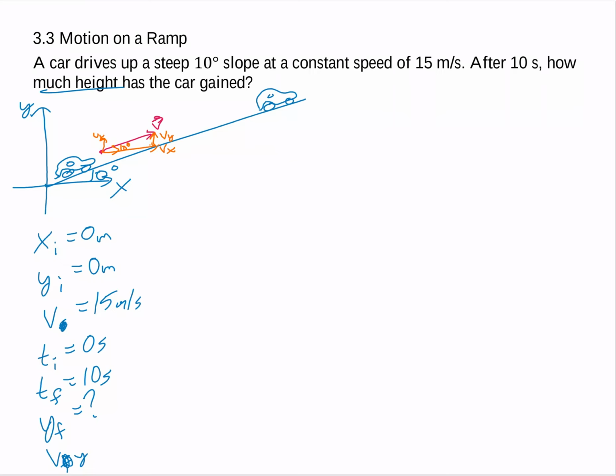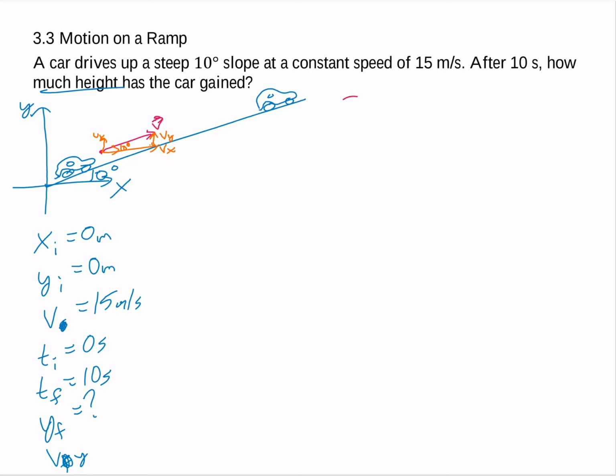You have the hypotenuse V and the angle, and V sub y is the opposite side, so you can use sine.